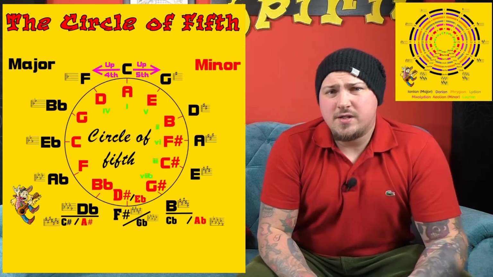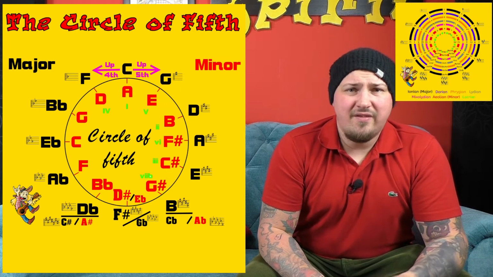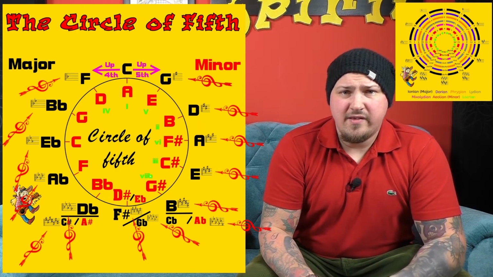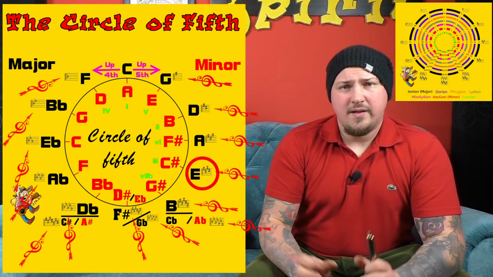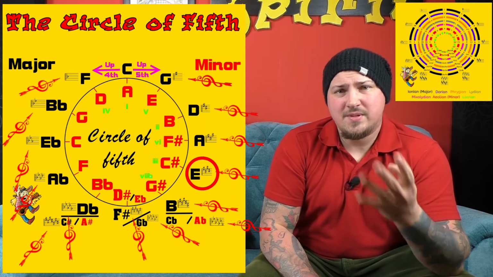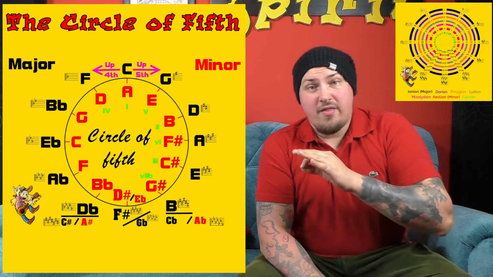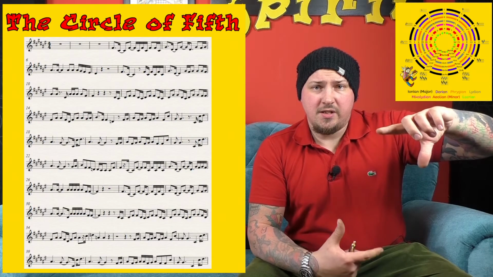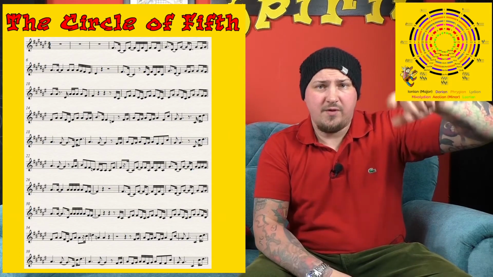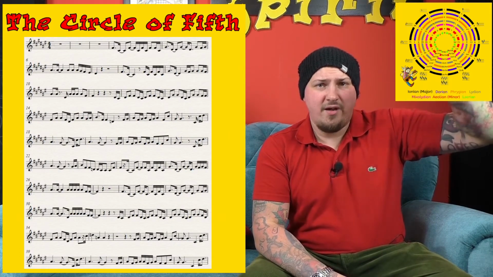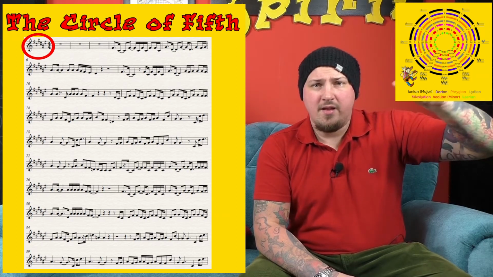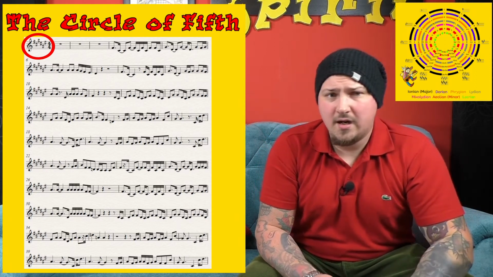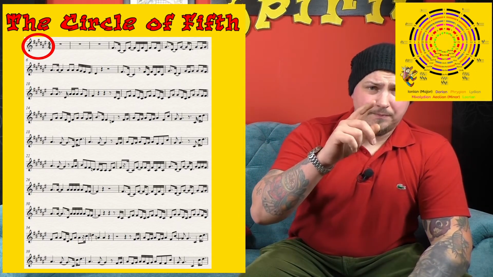The next thing it shows you is how many flats or sharps are in the current scale. For example, if you take the E major scale, it shows you that there are 4 sharps in this scale. And by the way, if you have sheet music, at the beginning you have flats or sharps that show you in which key you are. They are not set randomly.